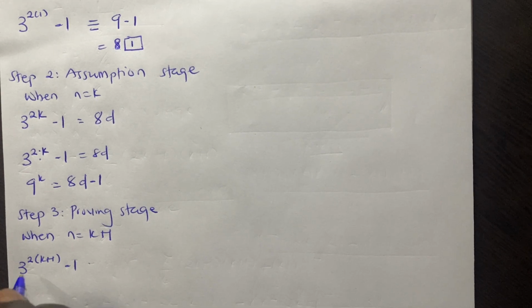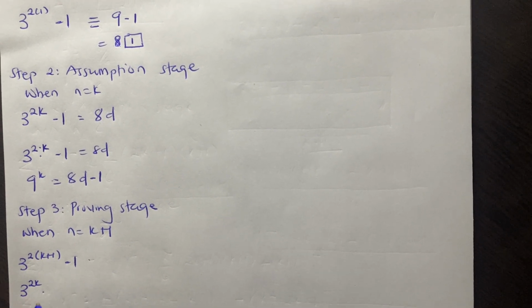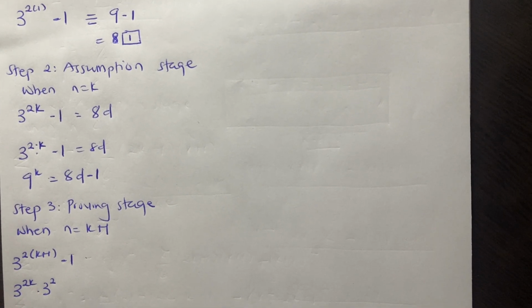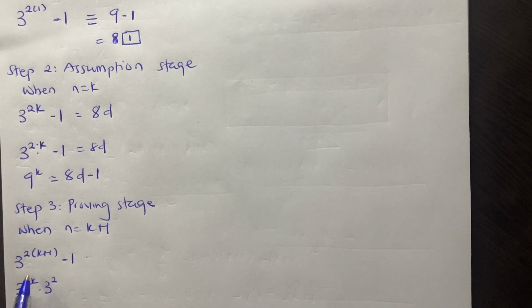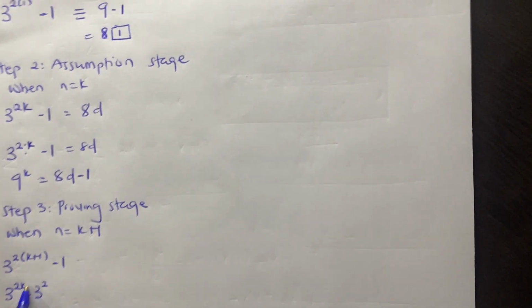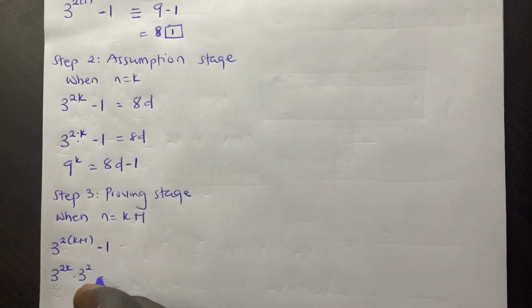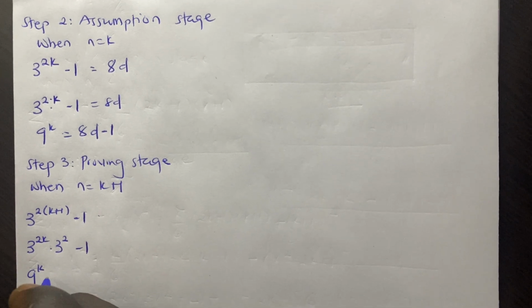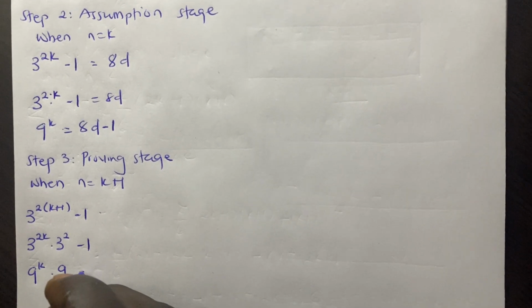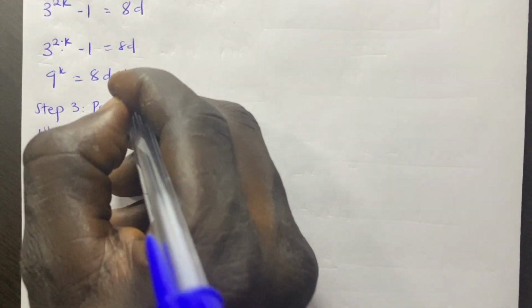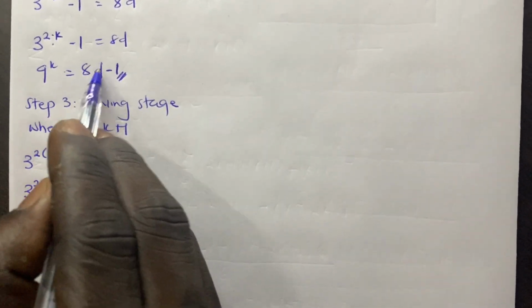So here we can write 3 raised to the power 2k multiplied by 3 raised to the power 2, because when the bases are the same, you can add the powers. So we can omit the base and write 2k plus 2, minus 1. This time around, we get 9 raised to the power k times 9, minus 1.